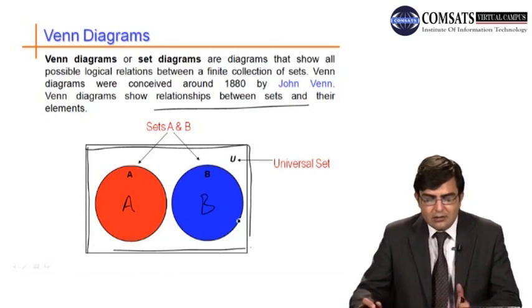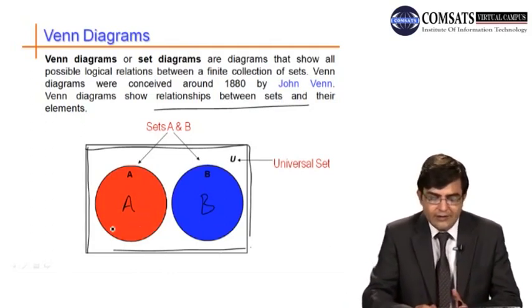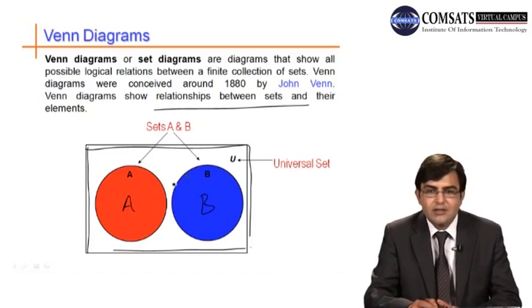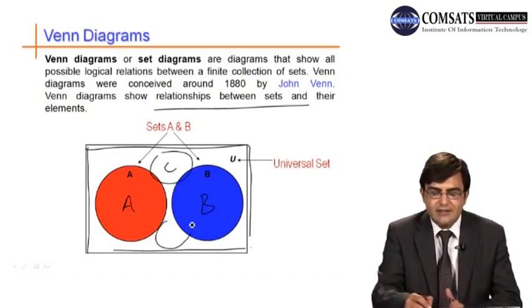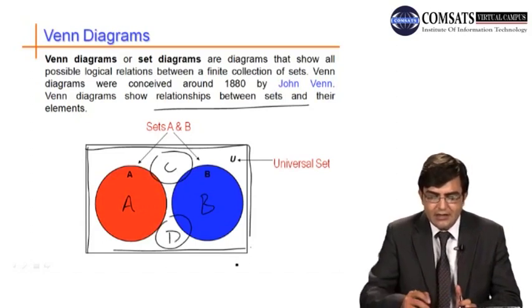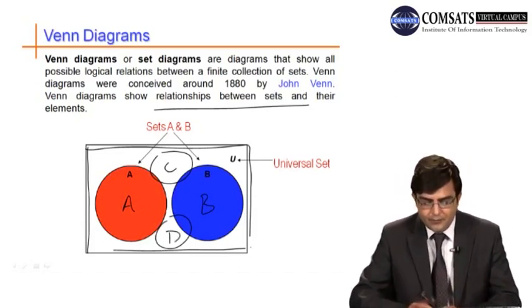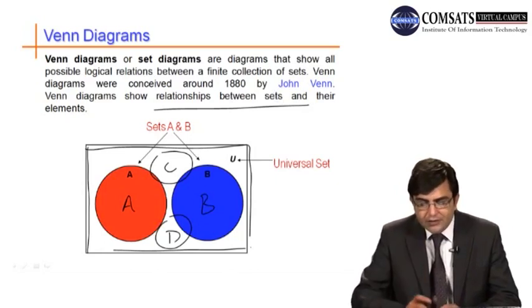If we have two sets, we make two circles. If we have three sets, we make another circle which represents the set C, another circle which represents D, and so on.